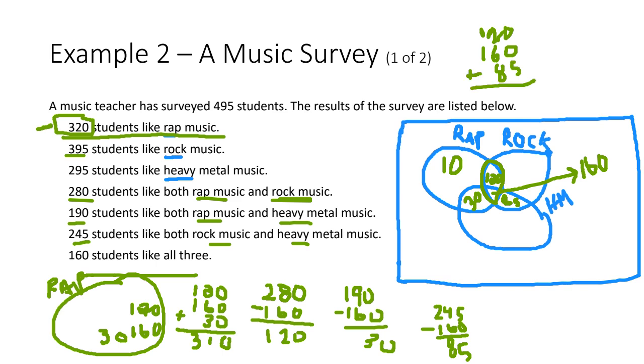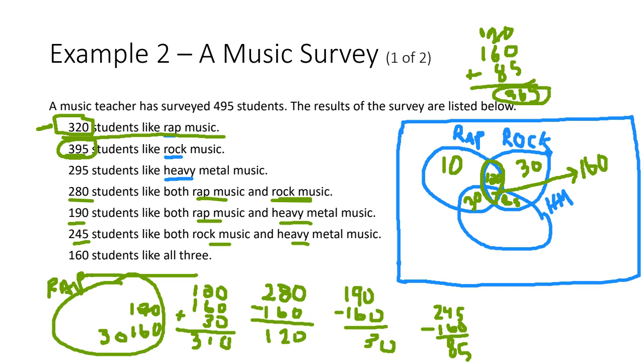So if we add all of this, we get 365. But we should have 395 students, so we're missing 30 students. Now, how did I get 30? We take the 395 and subtract the 365.